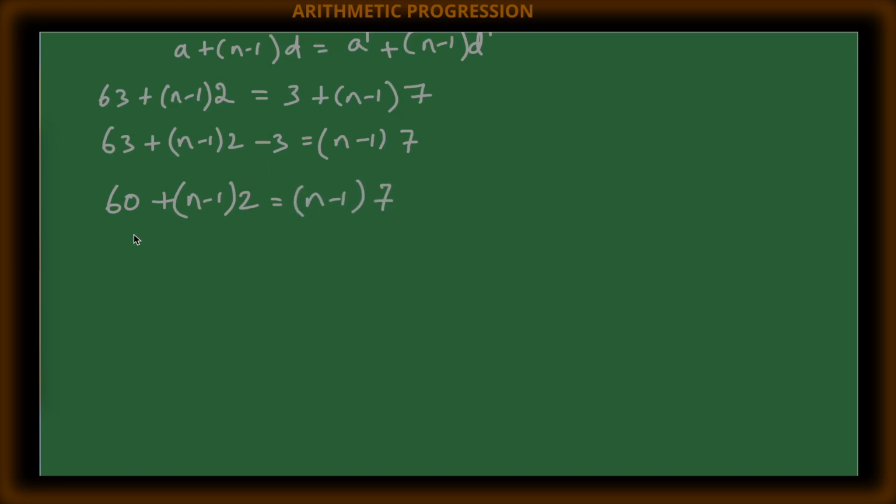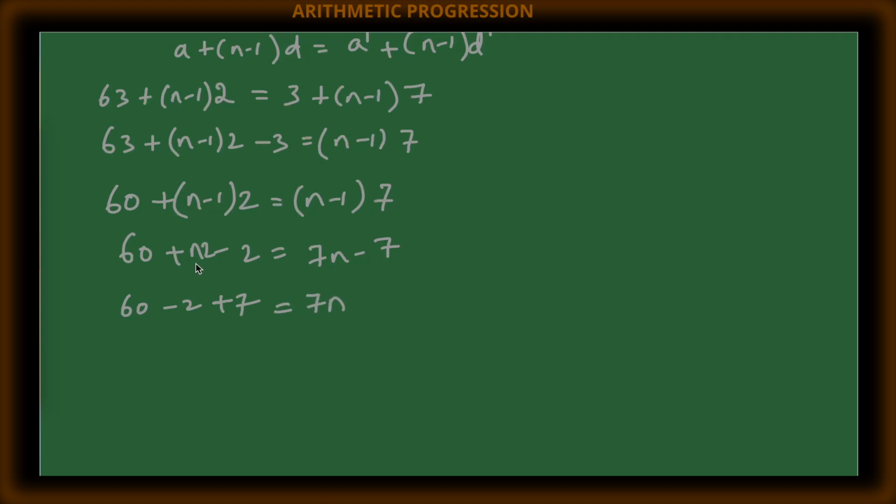So 60 plus 2n minus 2 is equal to 7n minus 7. Let's bring this minus 2 and minus 7 here, which becomes plus.